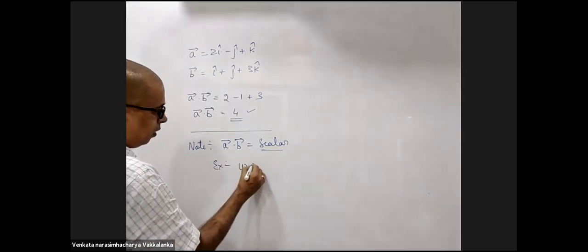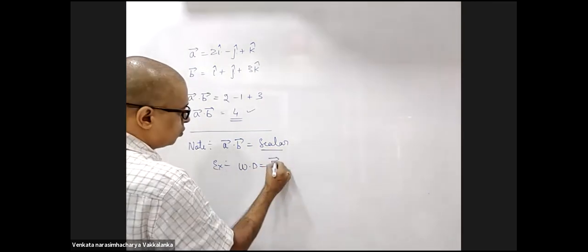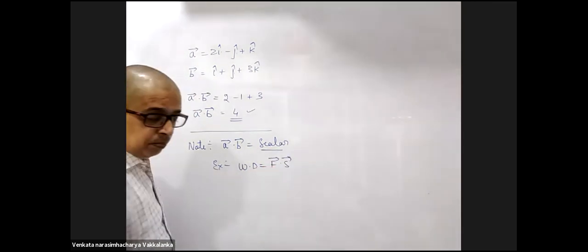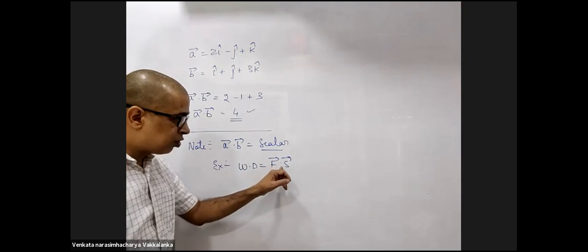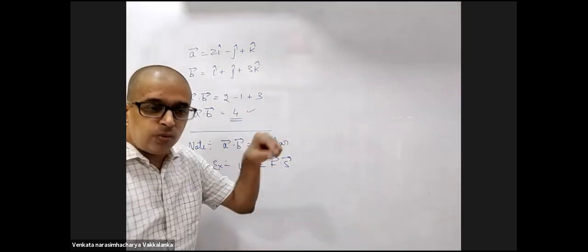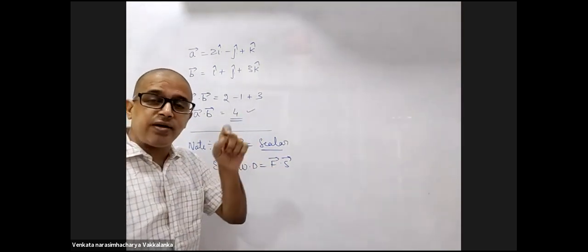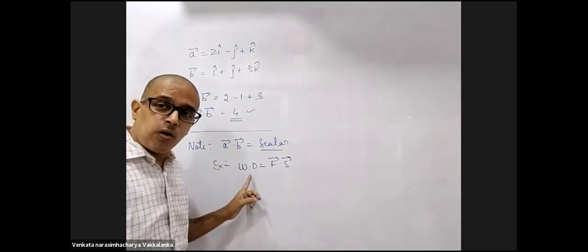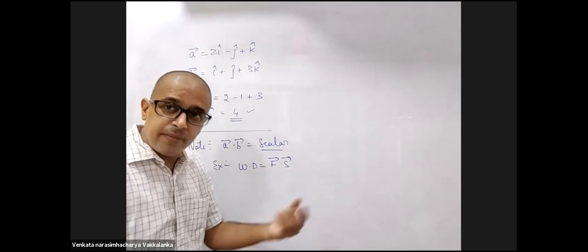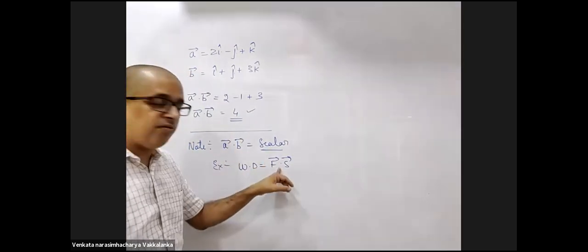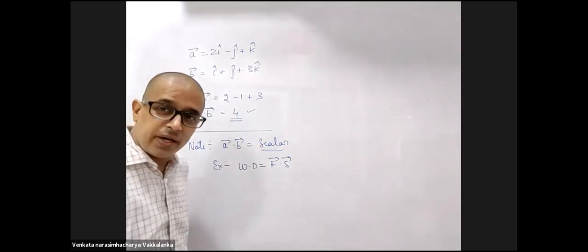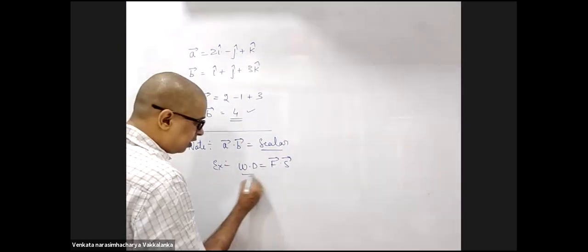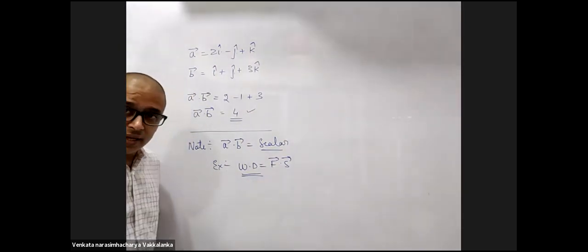Work done will be force dot displacement. You will not be given a choice to select whether it is a dot or a cross product. While the quantity called work is being defined, in the definition itself, we will tell you that it is a dot product. Work is a scalar quantity.